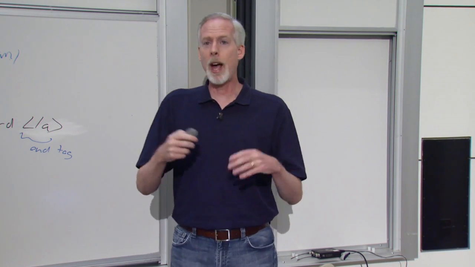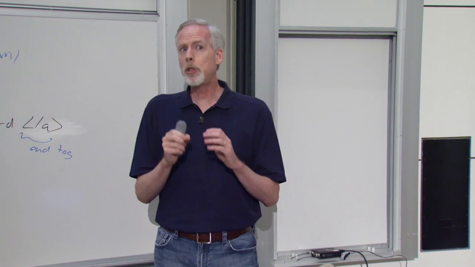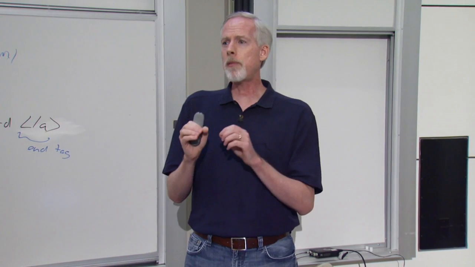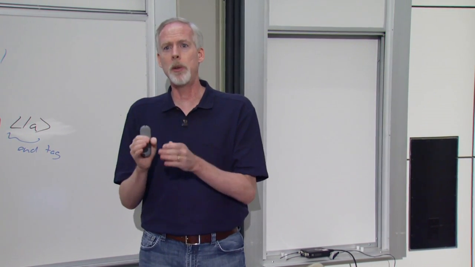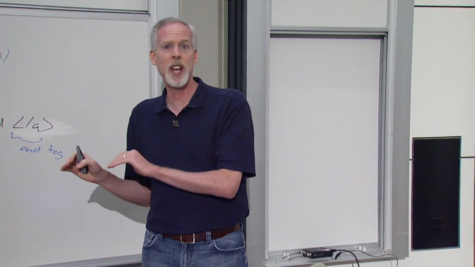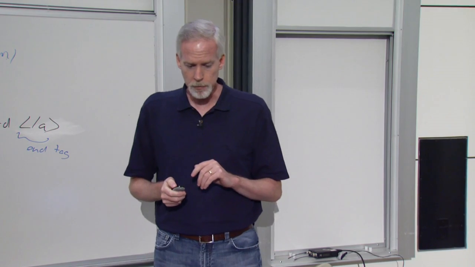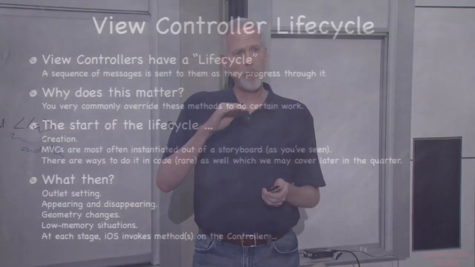That's the creation part of the lifecycle, and we don't really do much at creation. In fact, I'm not going to talk about creation until the very end of the view controller lifecycle. Even though it is chronologically the beginning, it's by far the least important, so I'm emphasizing that by putting it at the end.